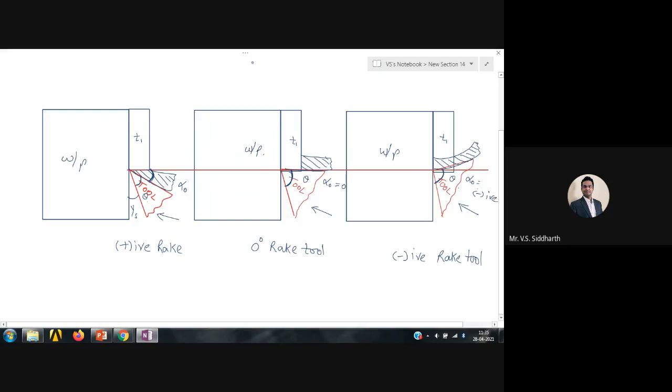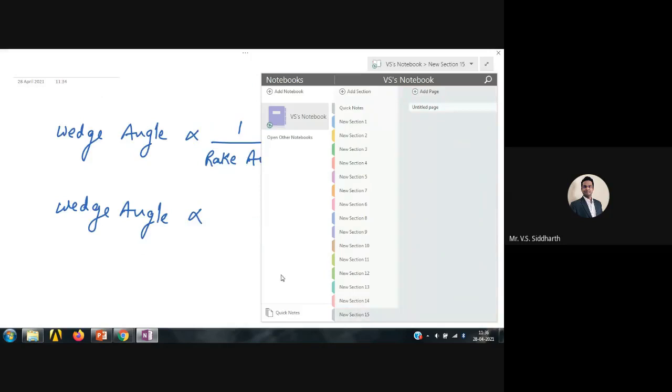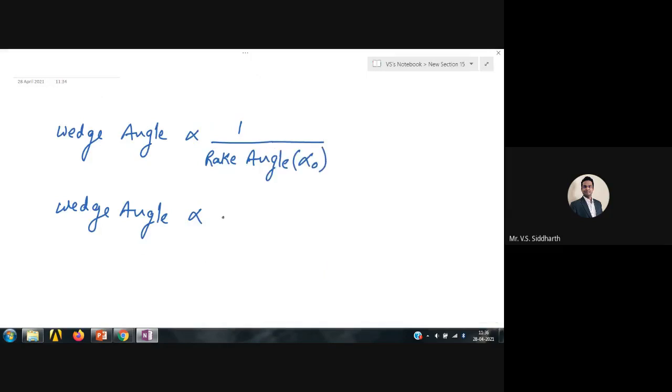In which case, number 1, 2, or 3, will the strength of the tool be highest? The third one. So with the increase in wedge angle, the strength of the tool will increase.